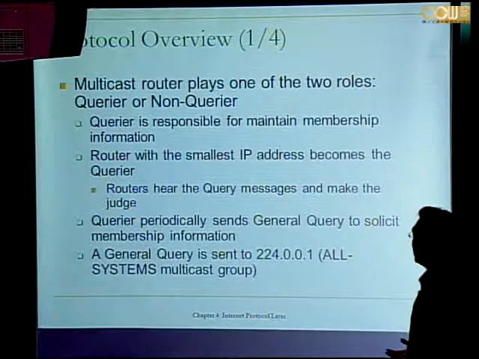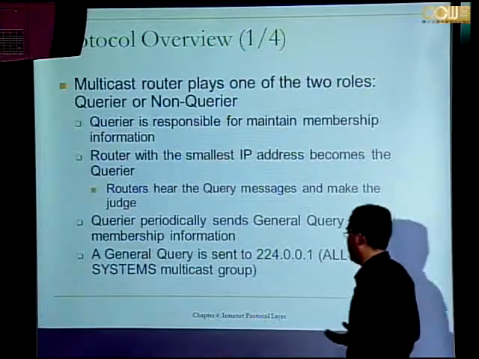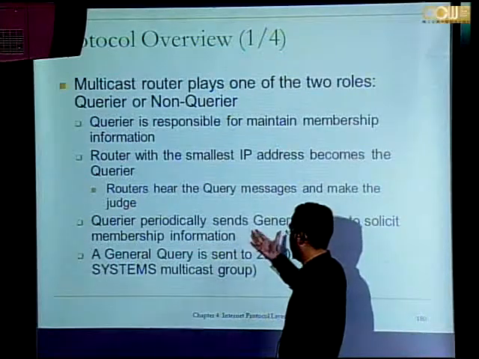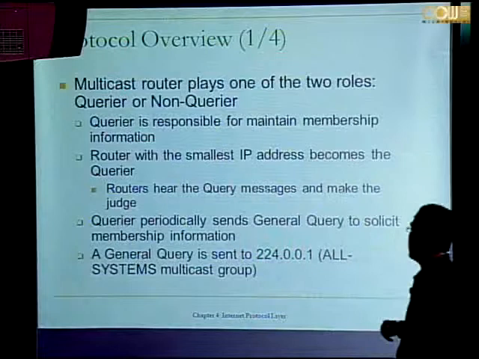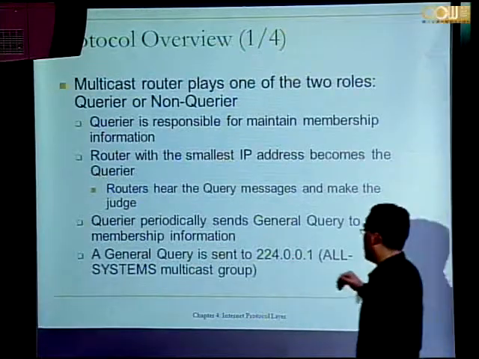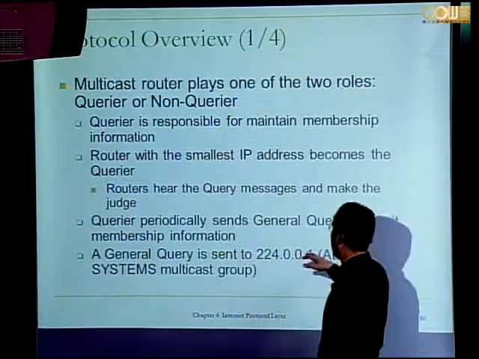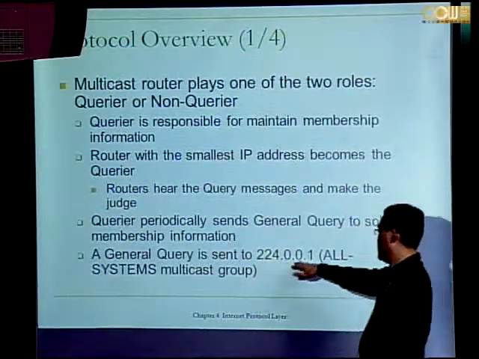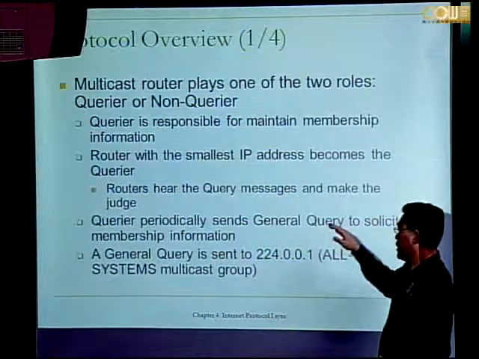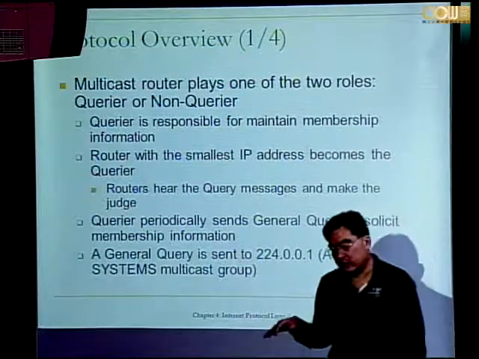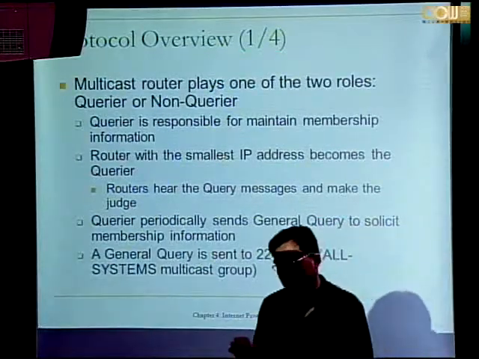If this subnet has multiple routers connected to it, then the router with the smallest IP address would be responsible as the querier. And what does the querier do? The querier periodically sends a general query to solicit membership information. This query is sent to this IP multicast address. And of course, in the MAC header, the destination MAC address should be broadcast.